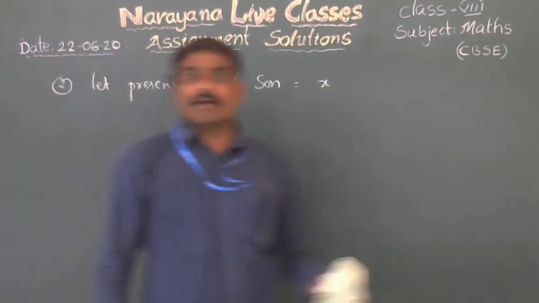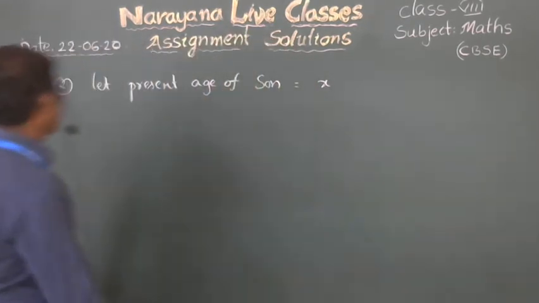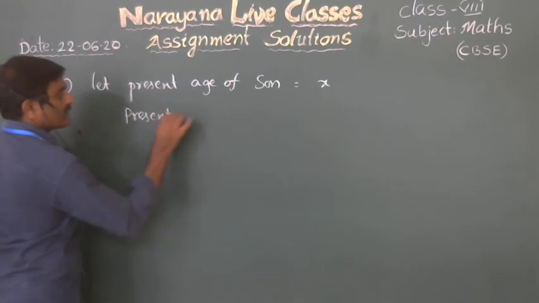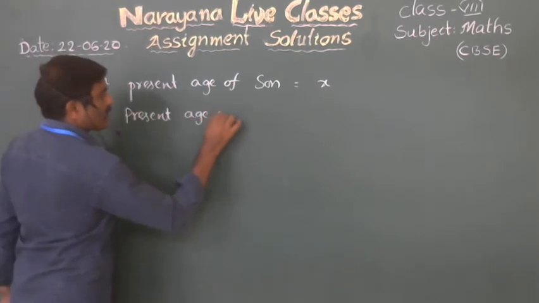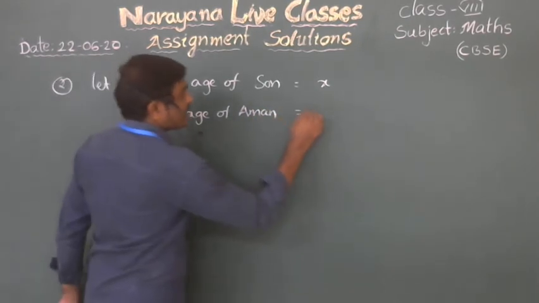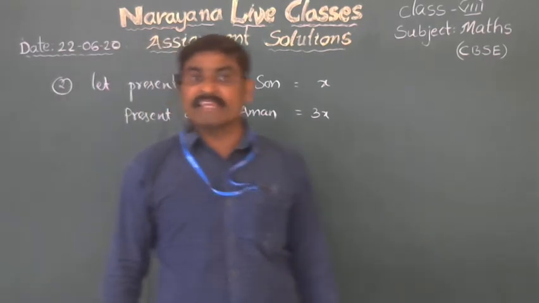According to the question, Aman's age is 3 times his son's age. Therefore present age of Aman is 3x, because 3 times means multiply with 3.